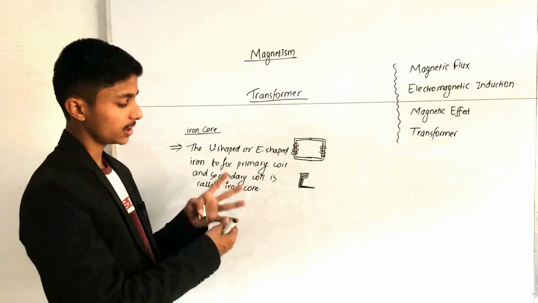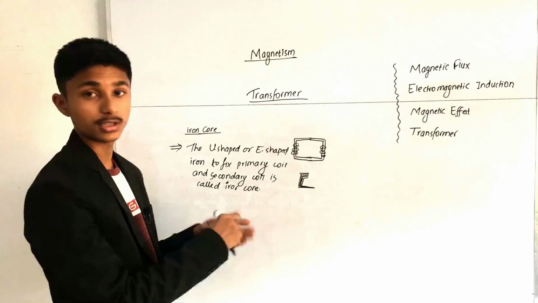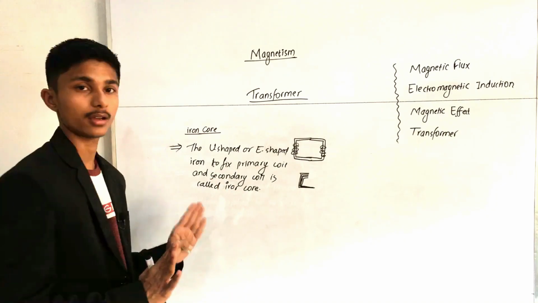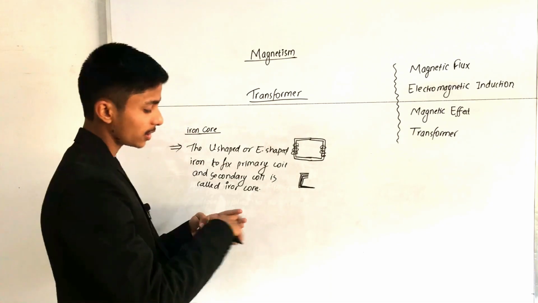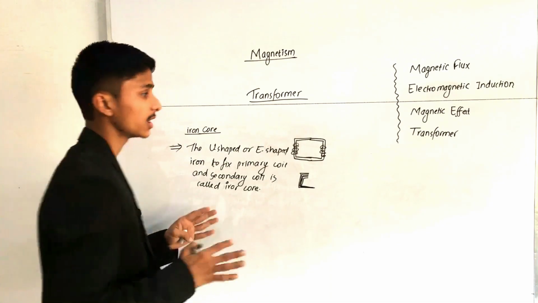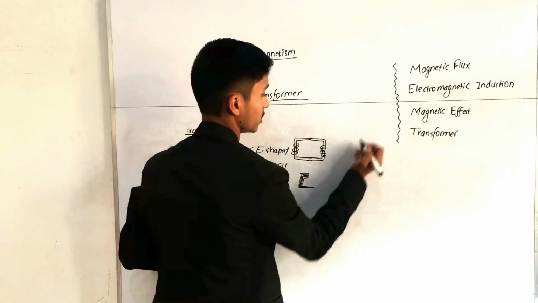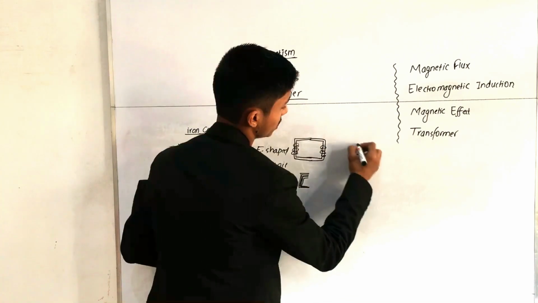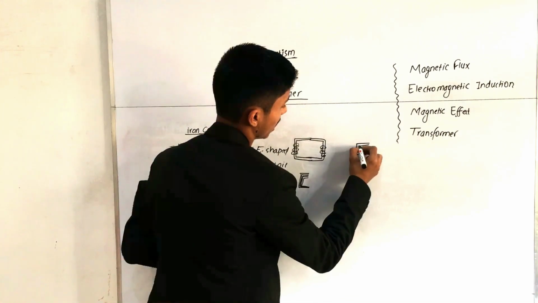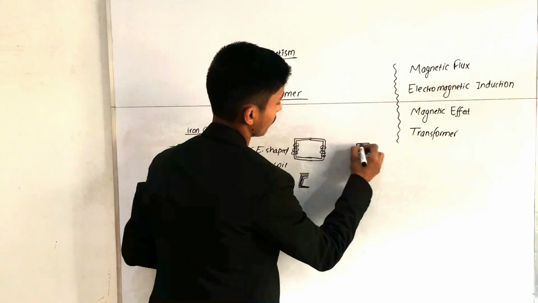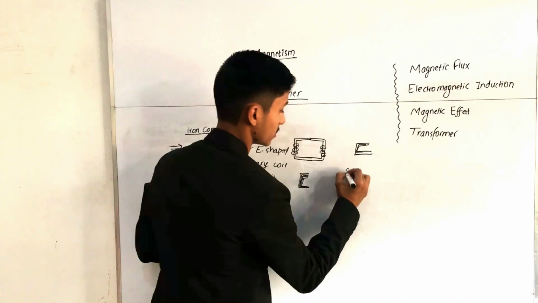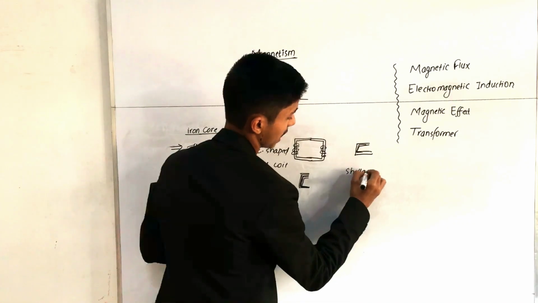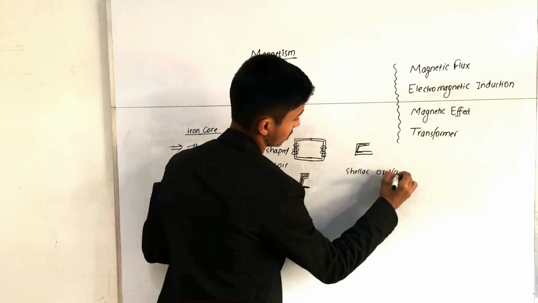Suppose this is E, then it is lapped here, several are overlapped one another. So to prevent conduction, these E or U are polished with shellac or varnish.